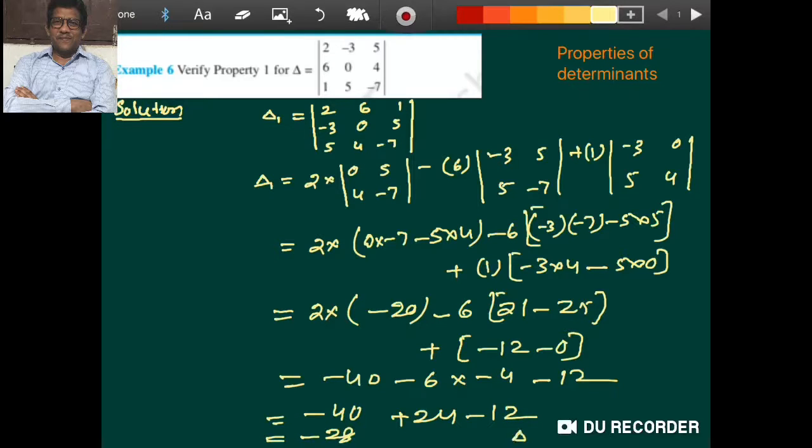We observe that the value of both determinants is the same.